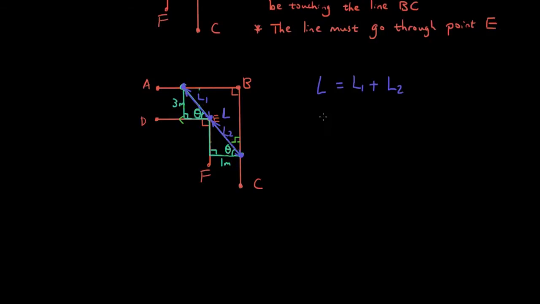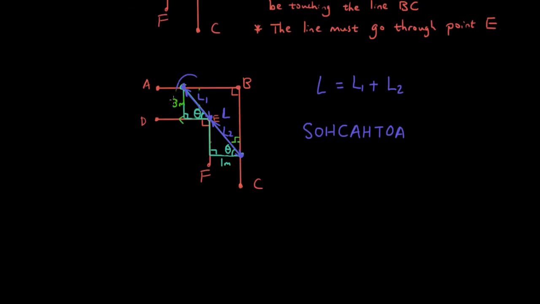So let's have a look at what L1 equals. If you guys remember trigonometric ratios, we've got three ratios. We have sine equals opposite over hypotenuse, cosine equals adjacent over hypotenuse, and tangent equals opposite over adjacent.